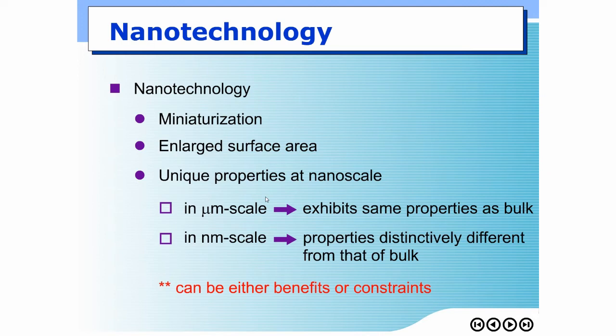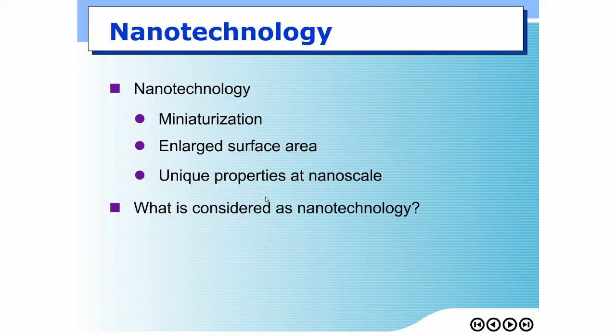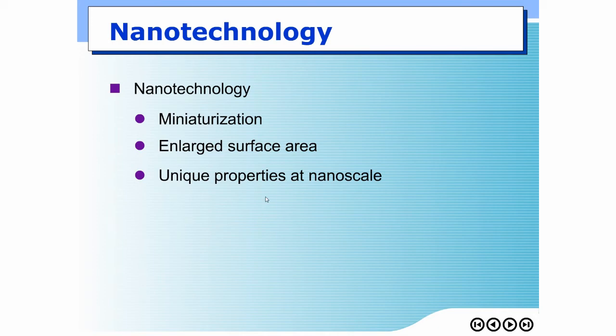That would sometimes be considered a benefit, but sometimes it can be a constraint. Okay? For instance, if we say that nanometer scale gold has a lower melting point, it would be good for fabrication. It would be bad if your application requires high temperature, because the nano size gold would melt away.